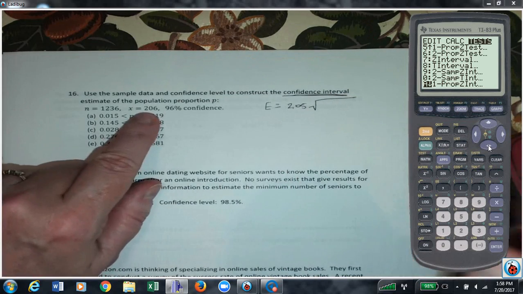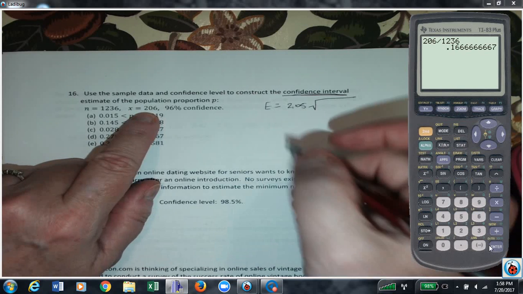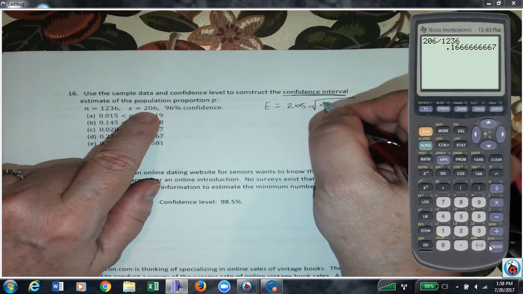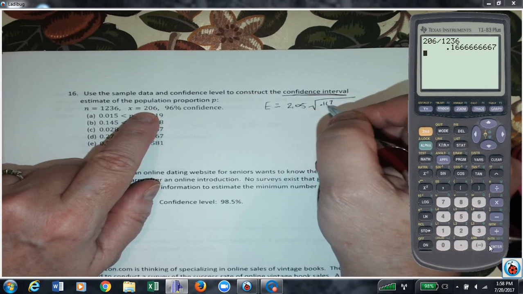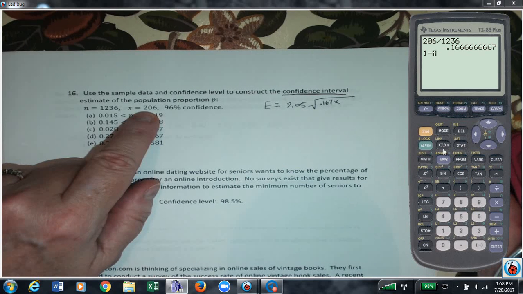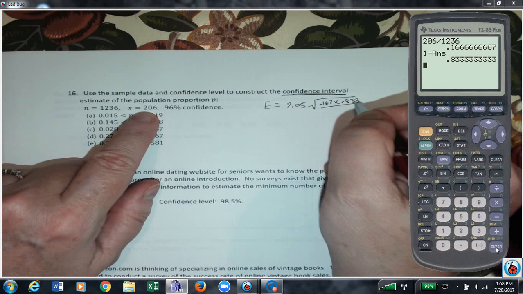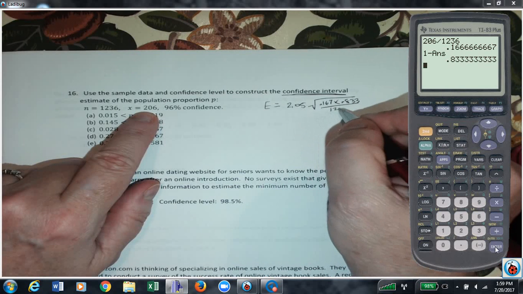P hat would be 206 over 1236, which would be 0.167. Q hat would be 1 minus that, which would be 0.833, all over n.